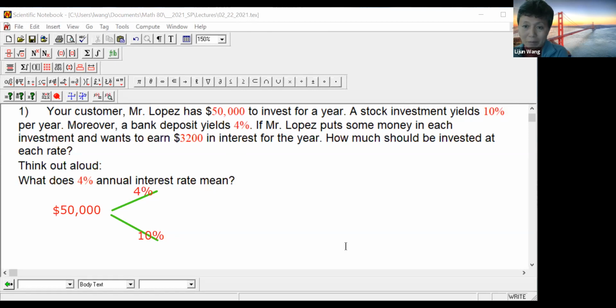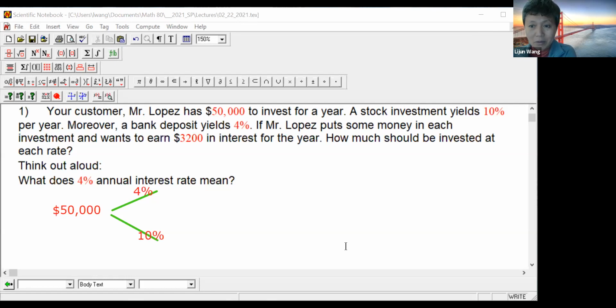A different person may have a different strategy, right? Because the higher return sometimes implies higher risk. If you put it in the stock market, you could lose all of your money. The 10% is usually an approximation. It may not be realized at the end of the year.